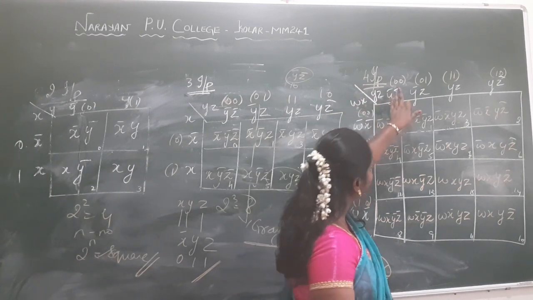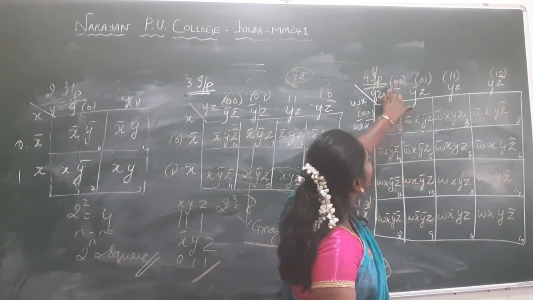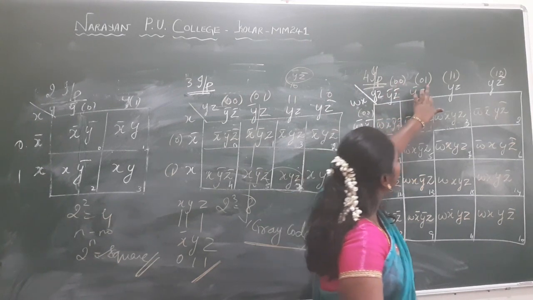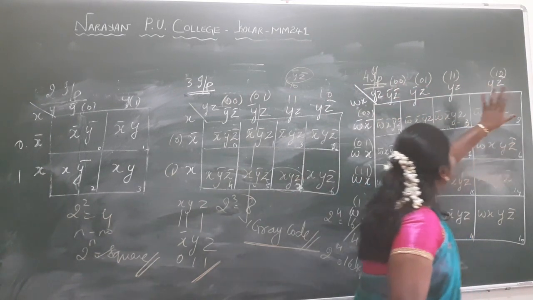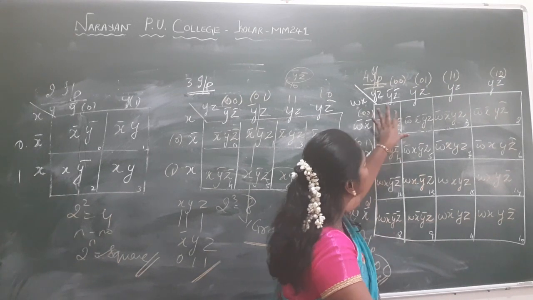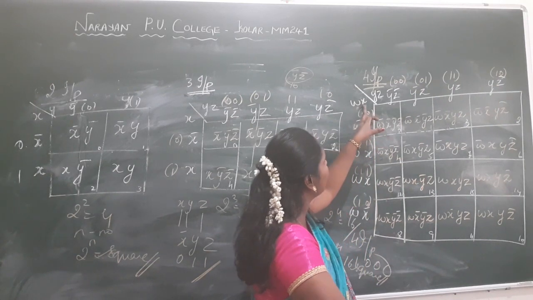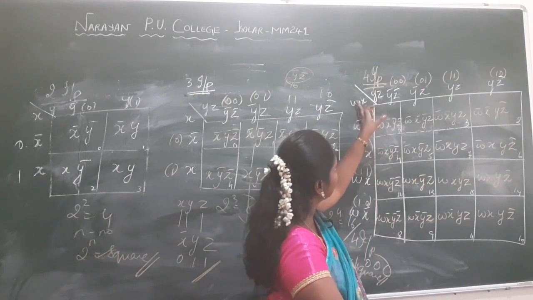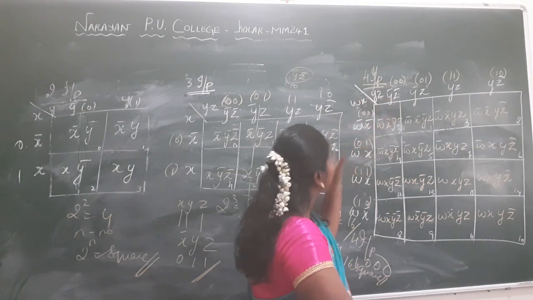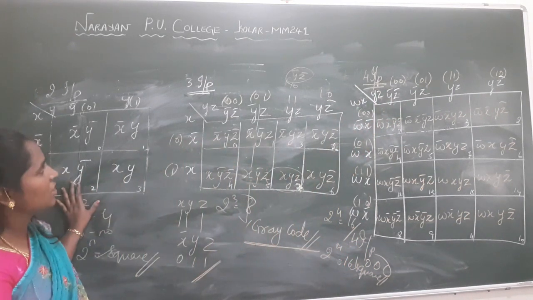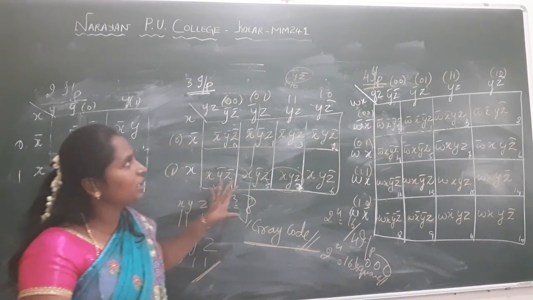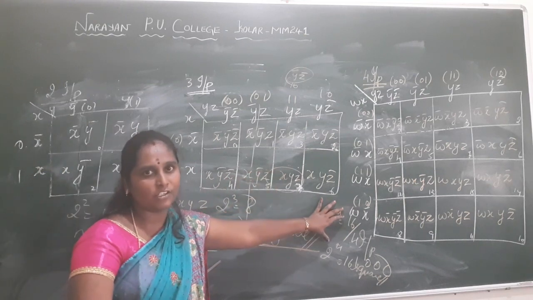Column-wise, YZ is 0, 0, 0, 1, 1, 1, 1, 0. So these are the representations of the variables of the function WX, YZ. This is the 2 input, 3 input, and 4 input representation.